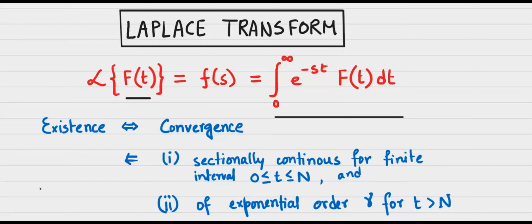What it means, we shall talk about in a minute. And the second condition that is necessary is that this function f of t after this interval, that means after n, or in other words when t gets bigger than n, must be of an exponential order gamma. What that means also needs to be explained.